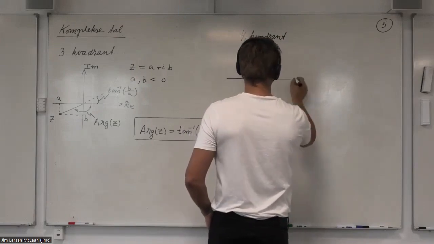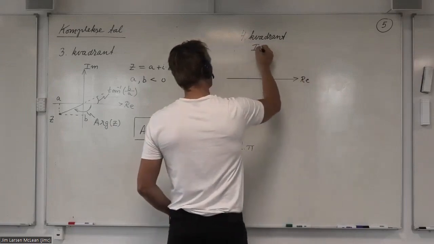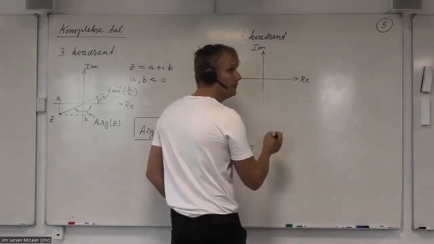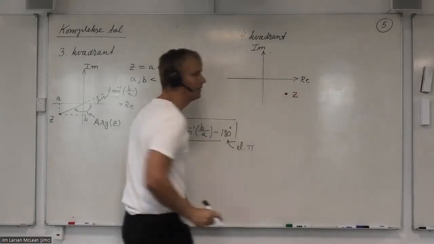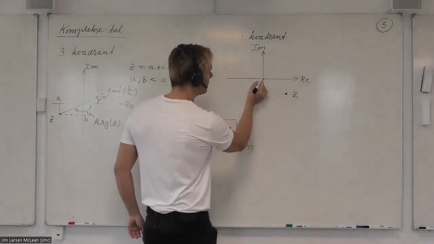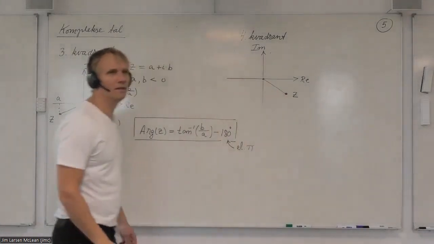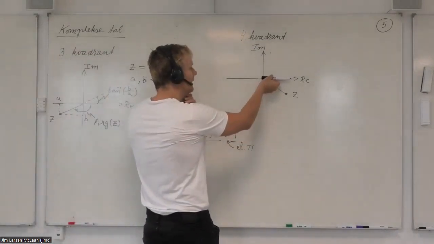let's start again by drawing the complex plane. And now we've decided that the situation we want to understand is that we're down here in this area. So z is somewhere around here. And I'm drawing a line from the origin out to z. And then I could ask, is this an argument for z?